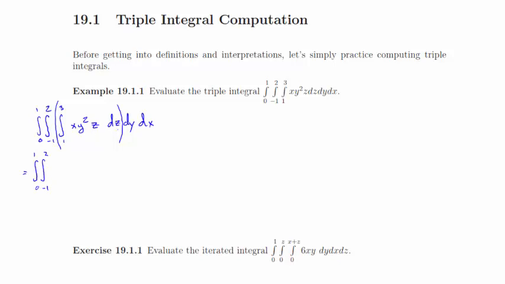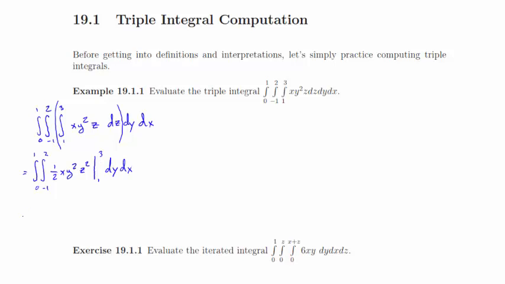Here, as I take the antiderivative with respect to z, I'm going to get 1/2 x y squared z squared, and we want to evaluate that from 1 to 3. Keep in mind that these bounds are z values, since we were taking the antiderivative with respect to z.